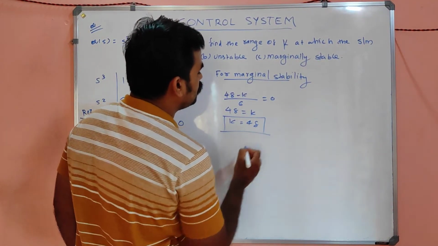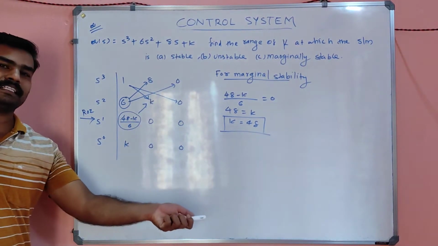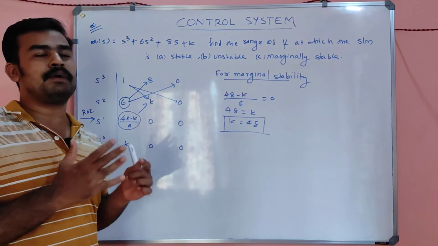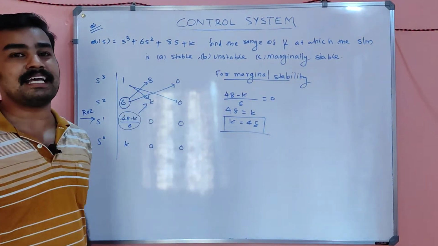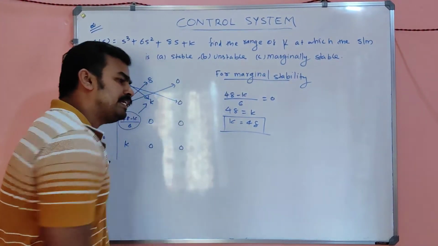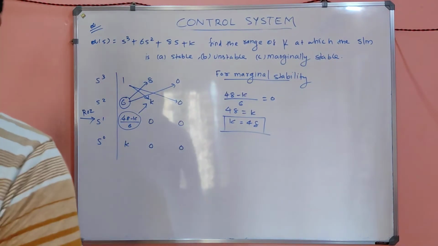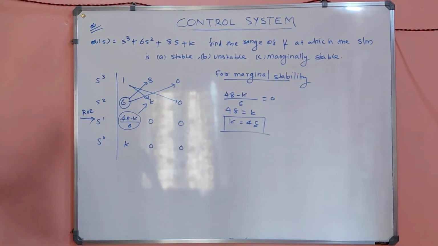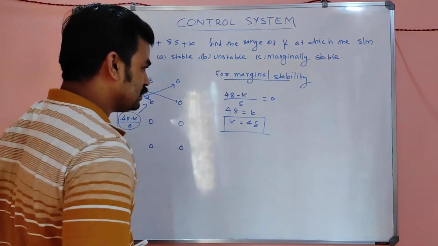So when I substitute k equal to 48, from 0 to 48 the system is stable; if you substitute 48, the system is marginally stable. Next, we can go for instability.